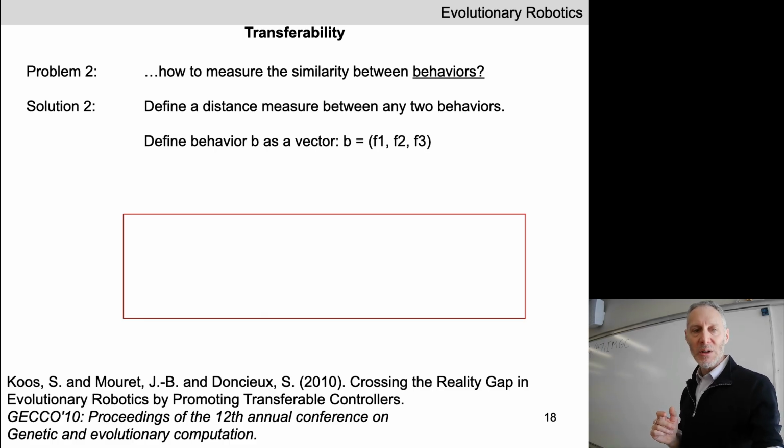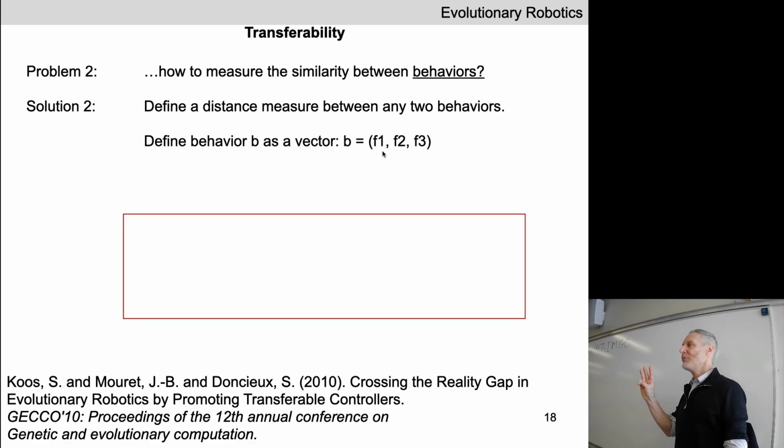It's not footfalls, but that's what the investigators did: they defined a vector that's made up of 3 floating point numbers, which are 3 different features of how the simulated robot moves when armed with a given controller, F1, F2, and F3.